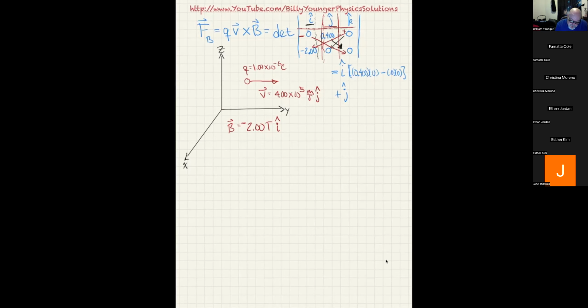So what I'll do here is I'll say 0 times -2 minus 0 times 0. So by doing it in that opposite order, notice I went from top right to bottom left first and called that positive. And then I went from top left to bottom right second and called that negative. That fixed my negative issue. So I'm good there. Now I'm going to expand upon K.